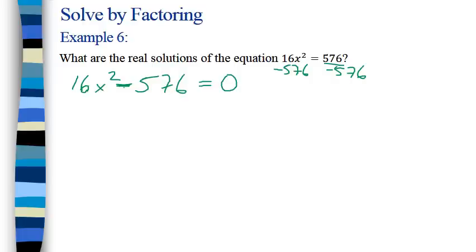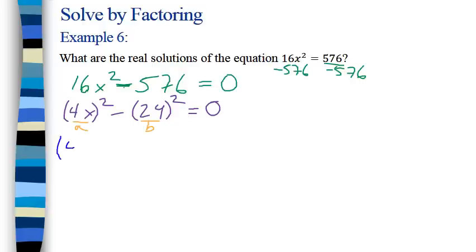It's 24 squared. So that means we can rewrite this equation as 4x quantity squared minus 24 squared equals 0. And so now 4x is our a and 24 is our b. So we can rewrite this as 4x plus 24 times 4x minus 24 equals 0.